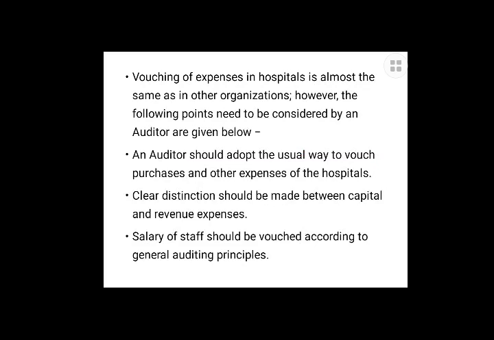These are: an auditor should adopt the usual way to vouch purchases and other expenses of the hospitals. Clear distinction should be made between capital and revenue expenses. Salary of staff should be vouched according to the general auditing principle.